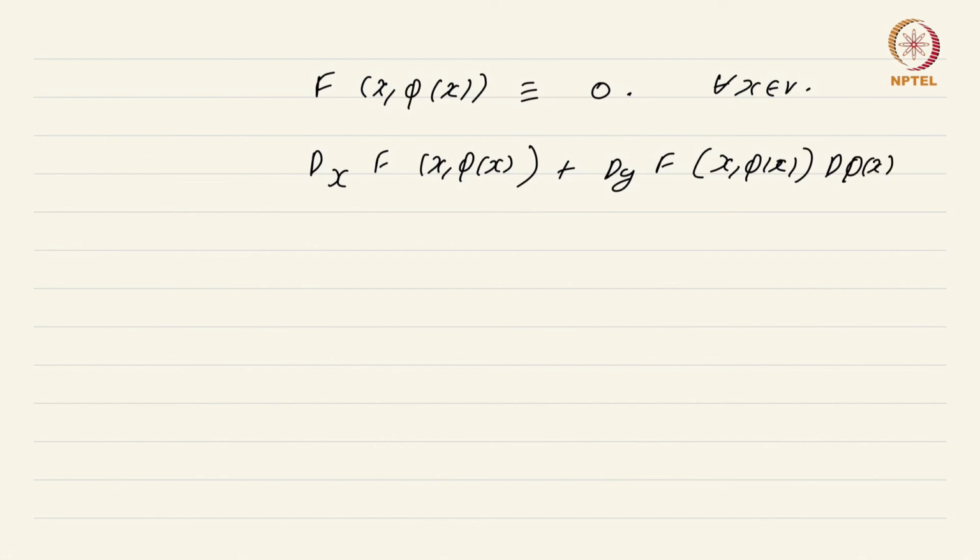This just follows from the chain rule, which I want you to check, and we know that this has got to be the 0 map, and the formula for the derivative follows. Okay, so this concludes the proof of the implicit function theorem.